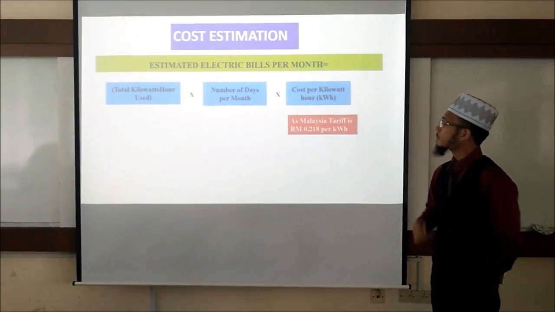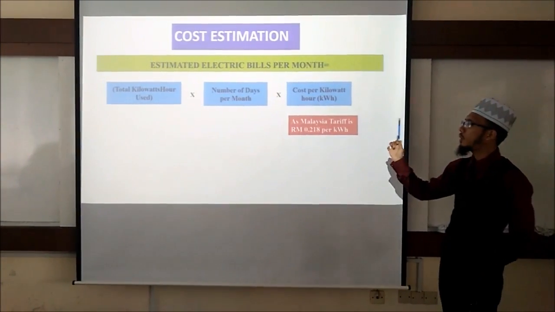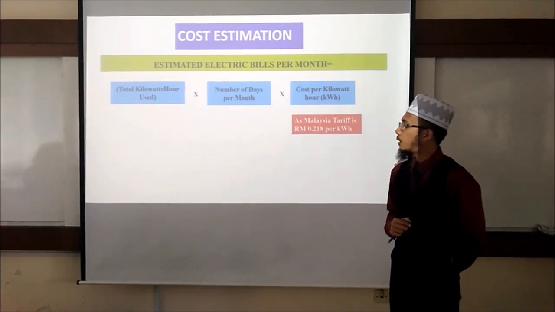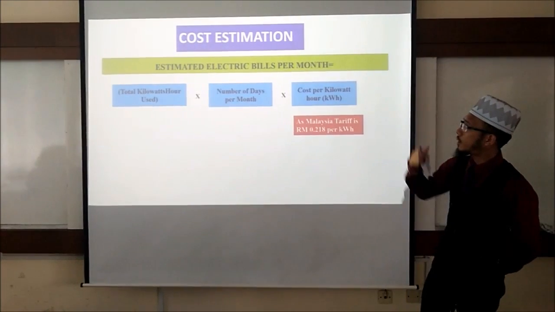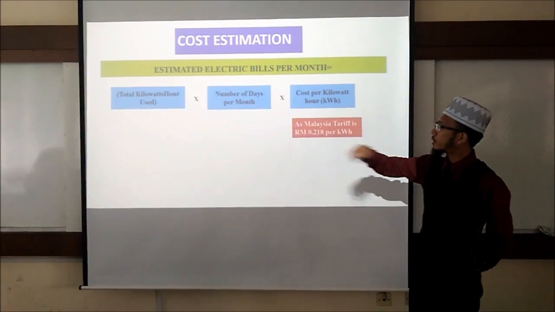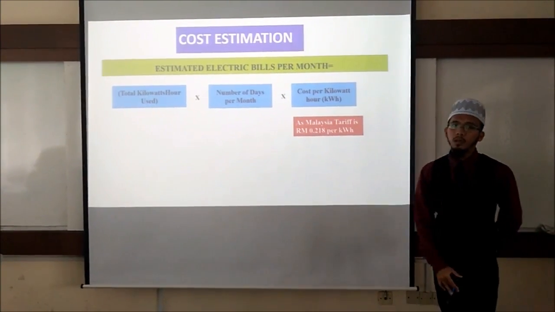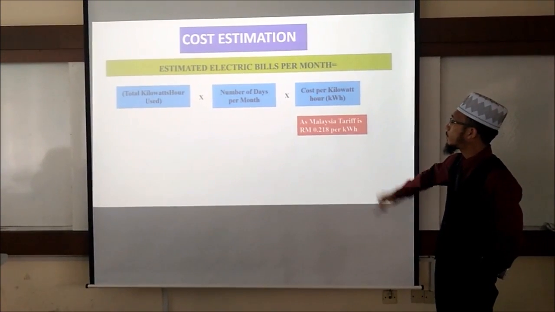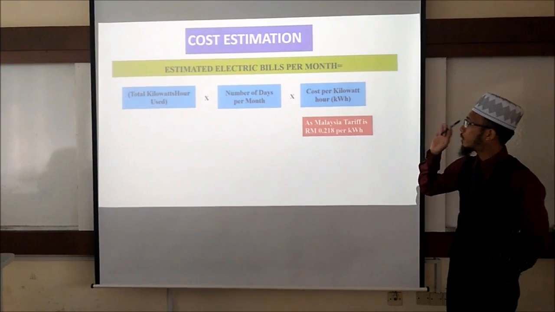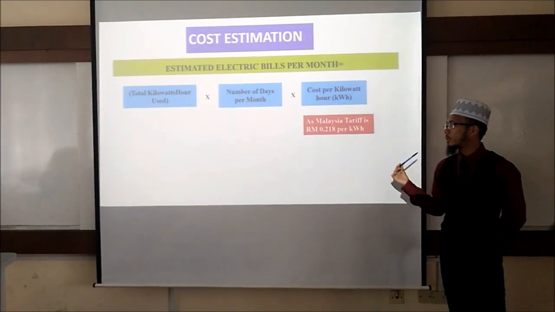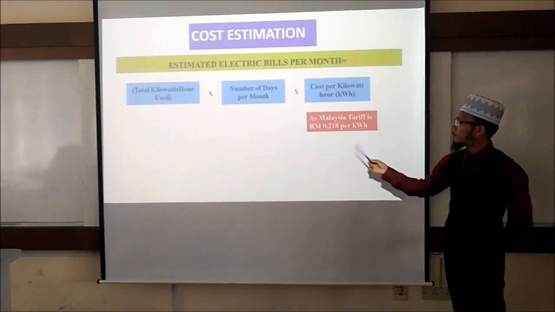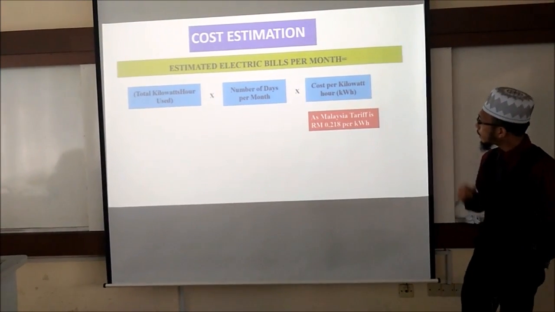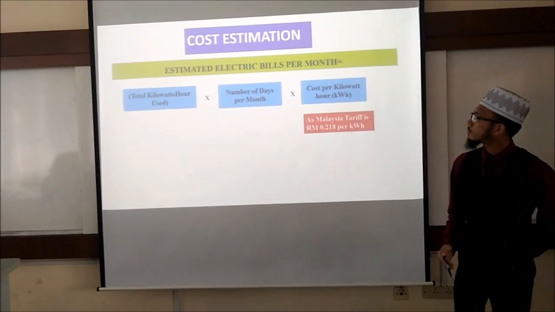So this is our calculation of how we calculate our electric bill per month for our electrical appliances, which is total kilowatt hour used multiplied by the number of days per month, which we assume is 30, and lastly multiplied by the cost per kilowatt hour. In the Malaysia tariff we use 0.21x ringgit per kilowatt hour.